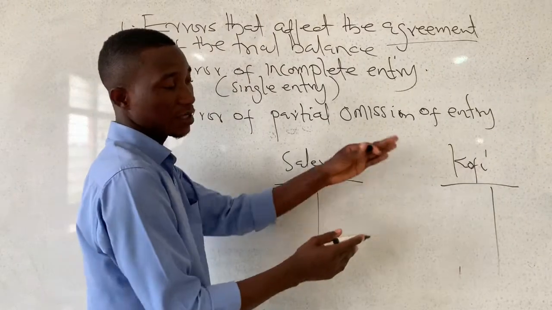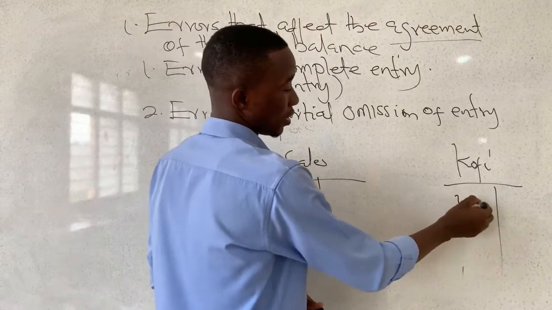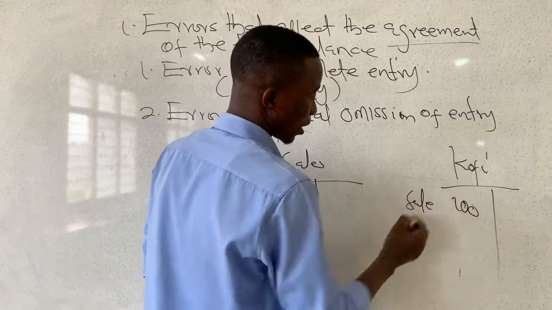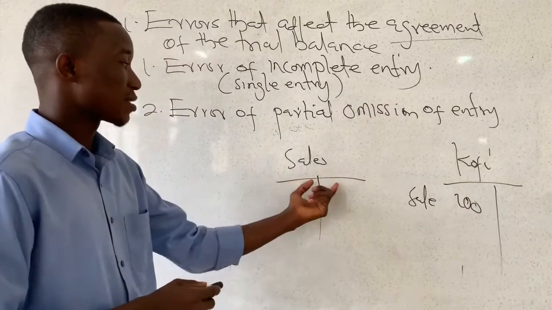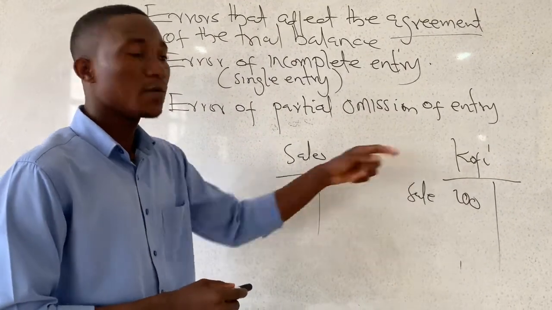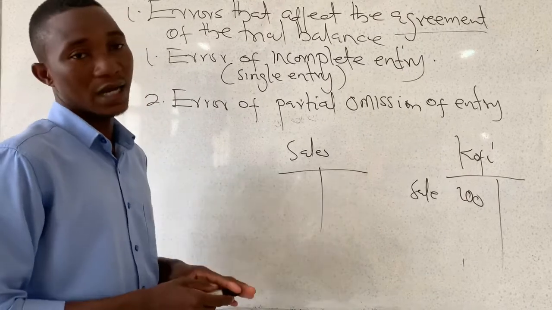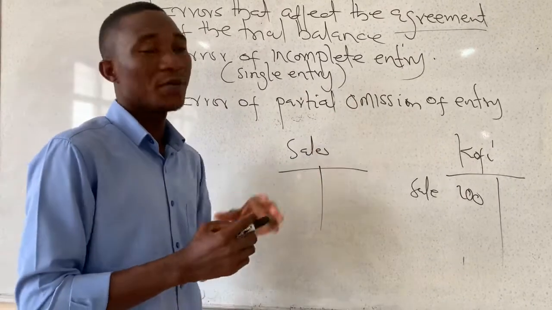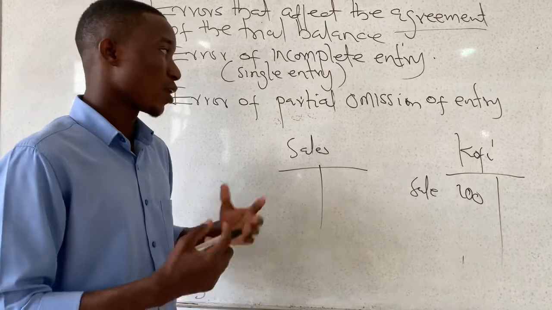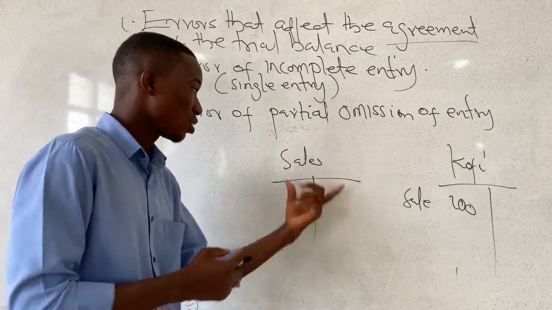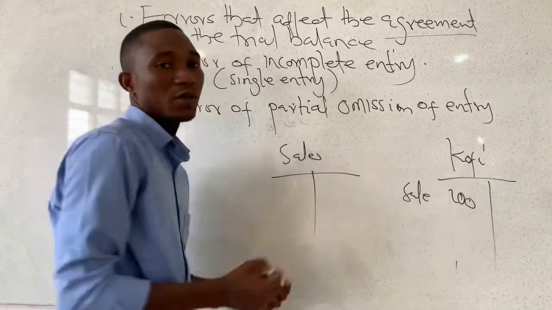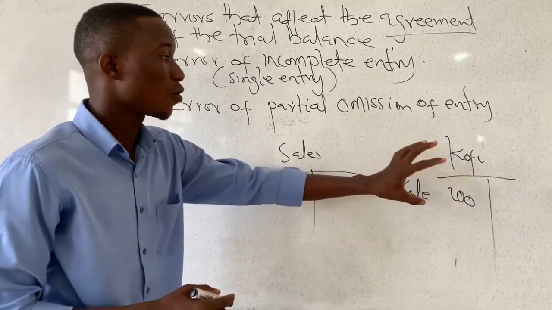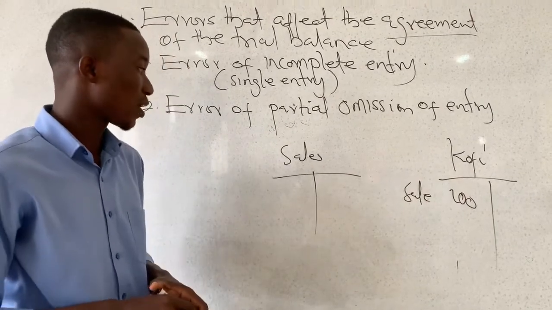Sales to Kofi. Kofi is the customer, so we debit Kofi in the name of sales. Okay, so we're supposed to credit sales account in the name of Kofi. But instead of crediting sales account, we've omitted it. We didn't record it at all. We've omitted one account. It is two separate accounts, but we've omitted the sales account. The Kofi's account entry has been done correctly.